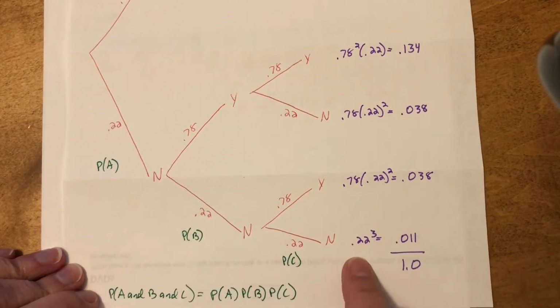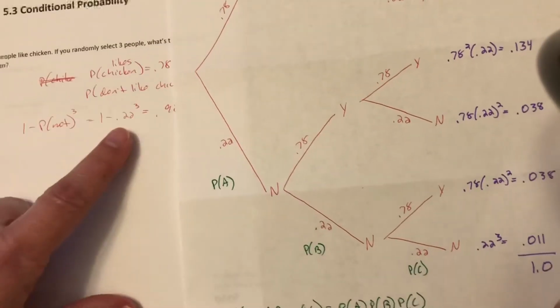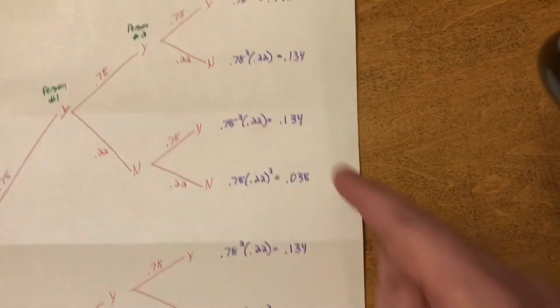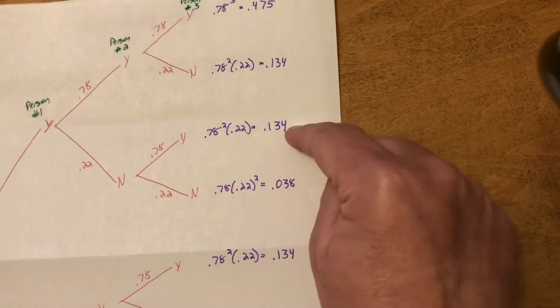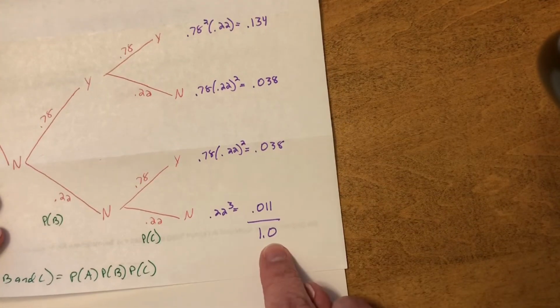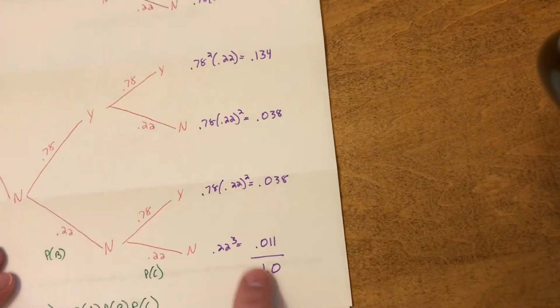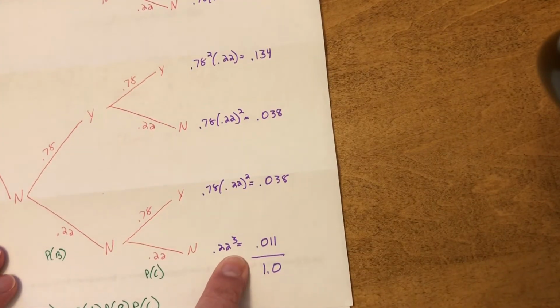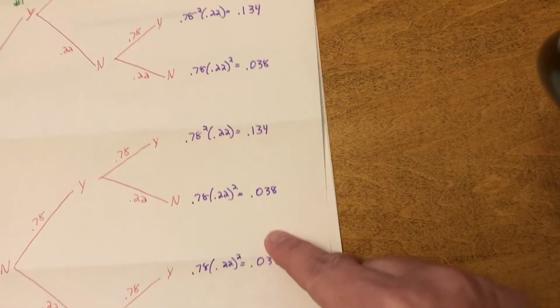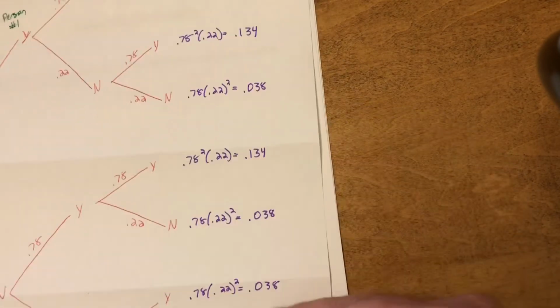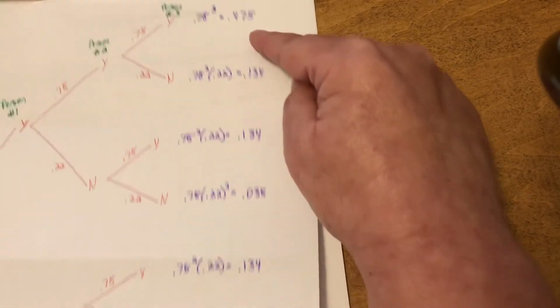Now, why do I subtract it from 1? Because remember, the addition of all the probabilities of all the possible outcomes equals 1. So if I take 1 and subtract the none to the 3rd power, I'm left with all these probabilities. All these probabilities added up is the probability that at least 1 person will like chicken.